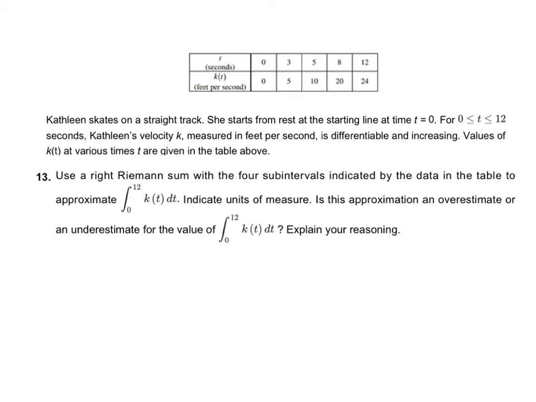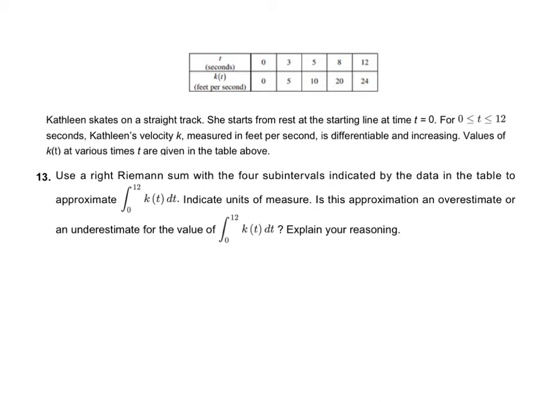She starts from rest at the starting line at time t equals 0. For t between 0 and 12 seconds, Kathleen's velocity, k, measured in feet per second, is differentiable and increasing. Values of k at various times t are given in the table above.